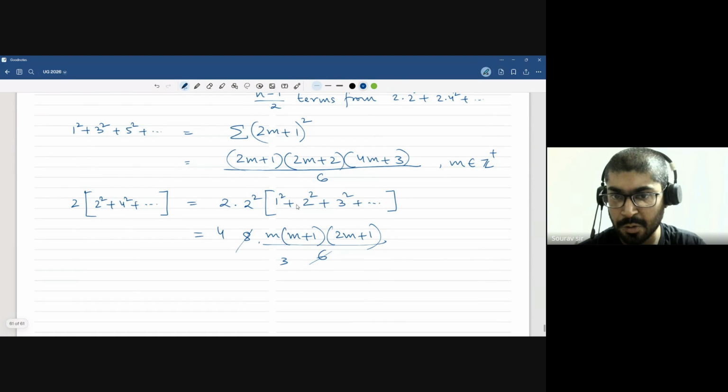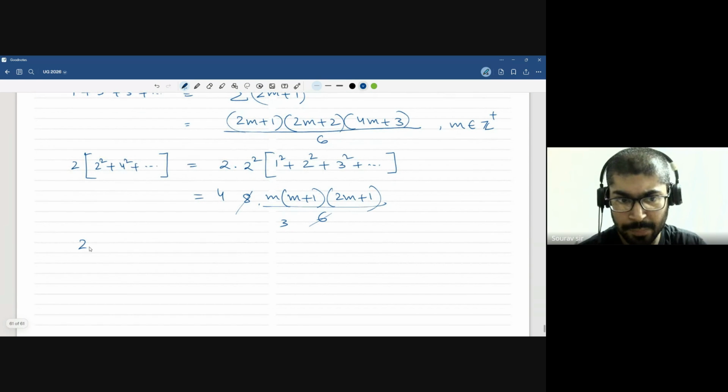Okay. So what can I take common? I can take 2m plus 1 and m plus 1 also common, I think. Yes, I can take 2m plus 1 and m plus 1 common, right? Because this is another 2 here.